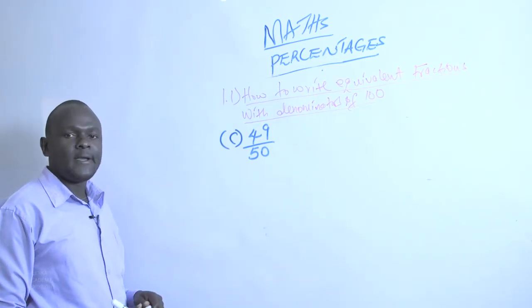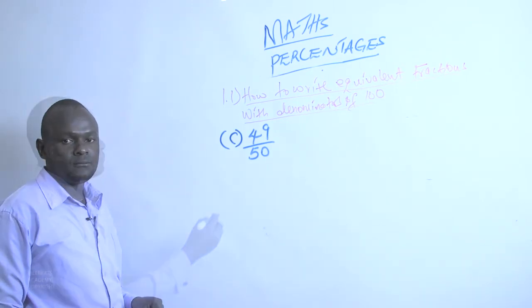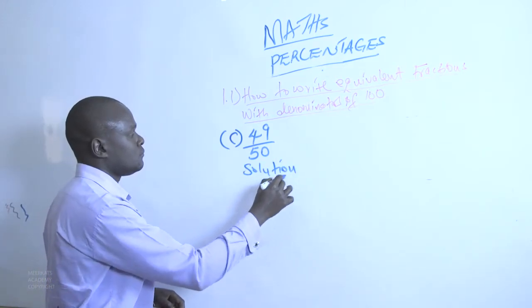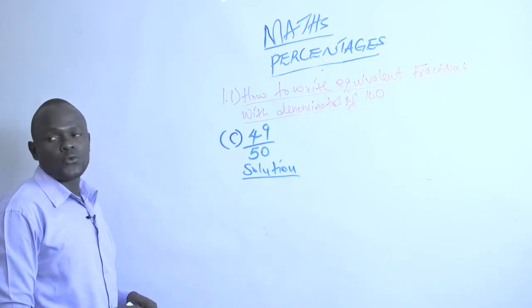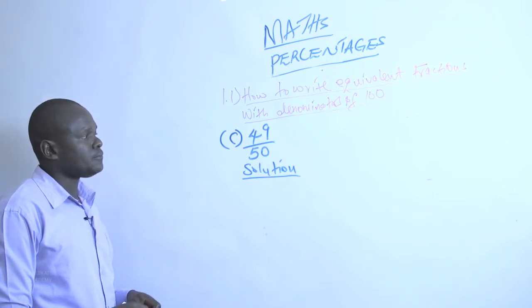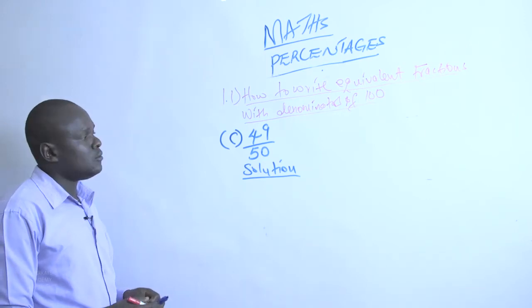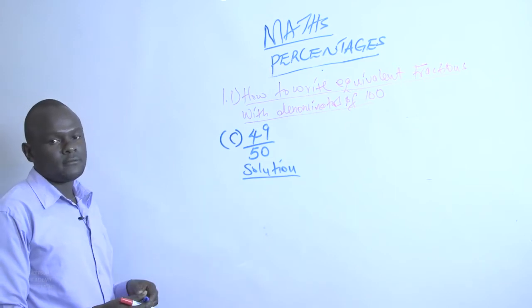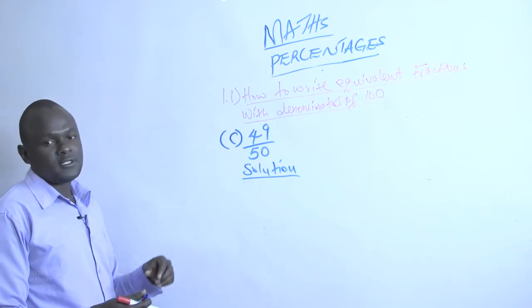The numerator is 49 and our denominator this time round is 50. We want to write an equivalent fraction to this one that we have.